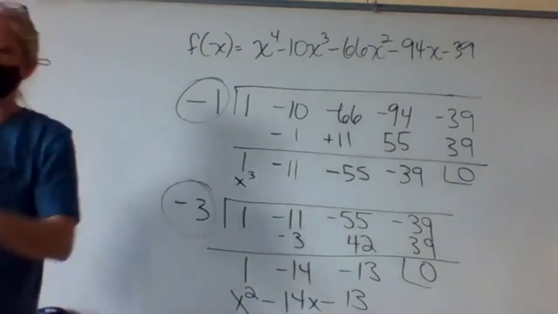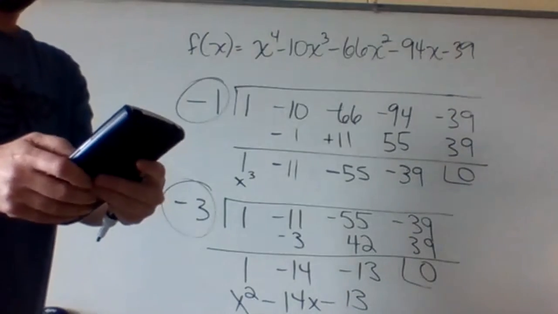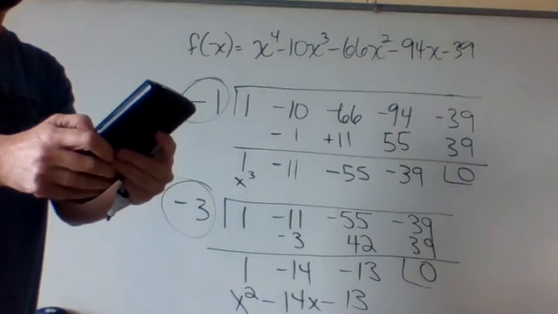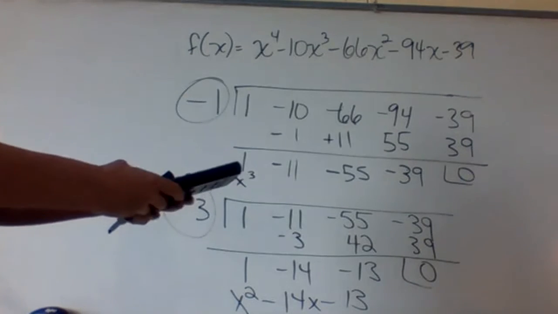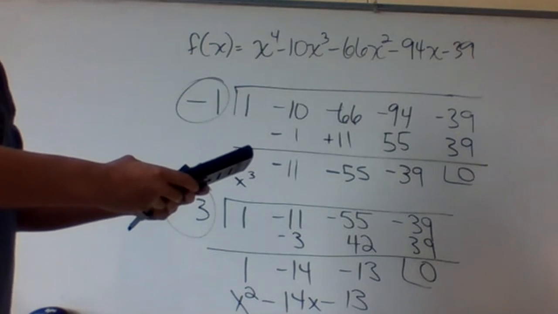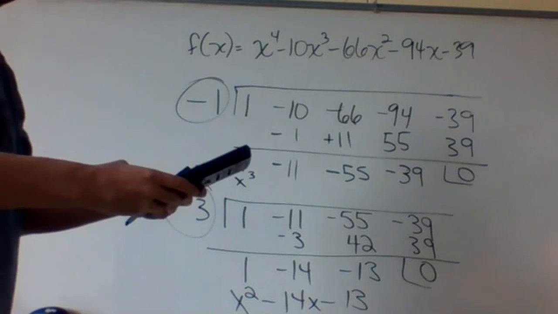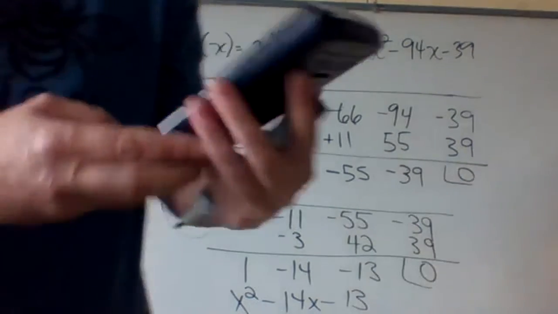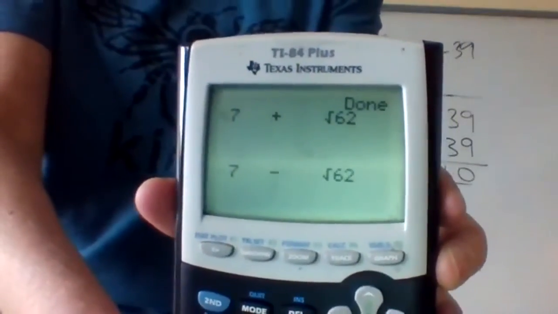Quadratic formula to find the last 2. So program down to quad. A is 1, B is -14, C is -13. We're decimal.